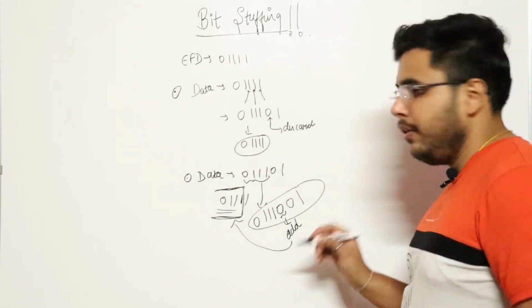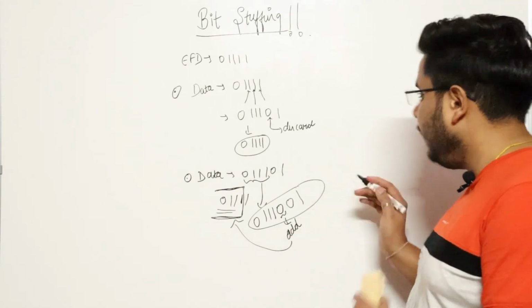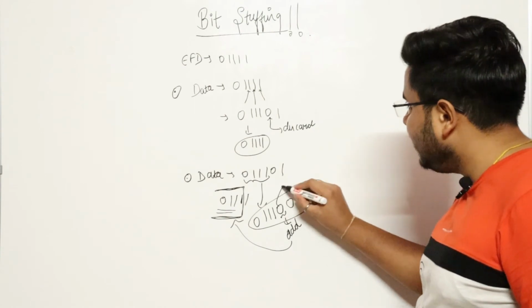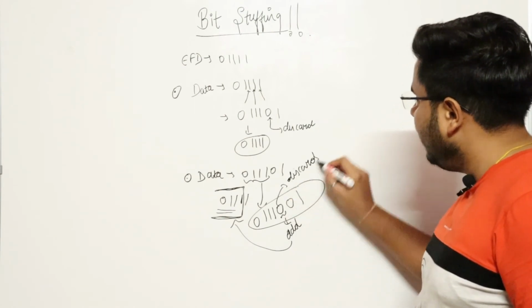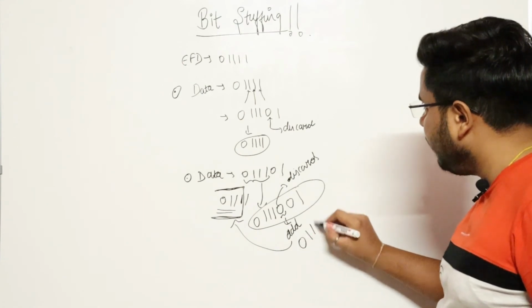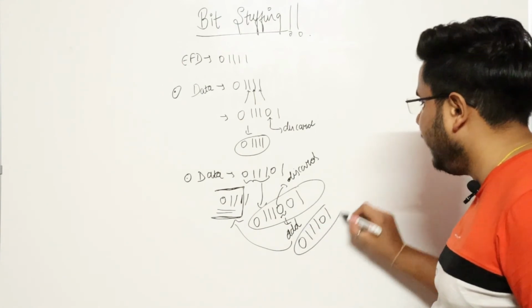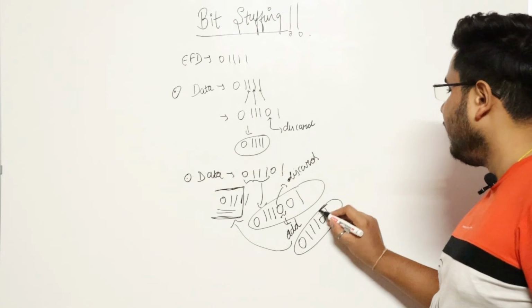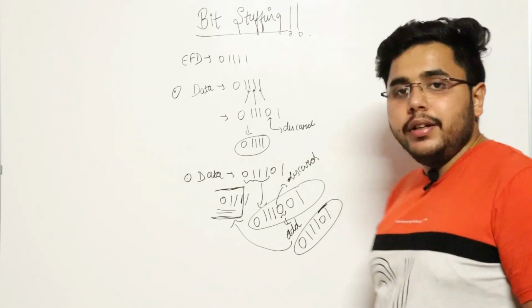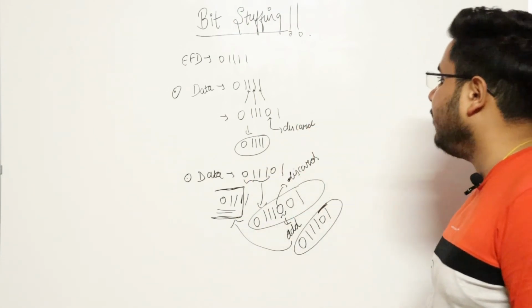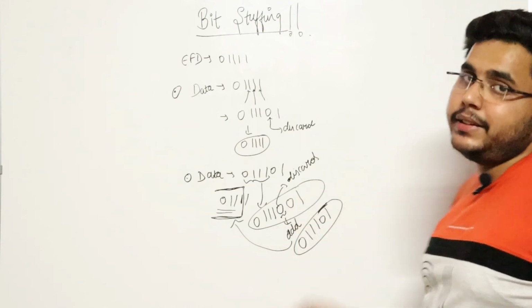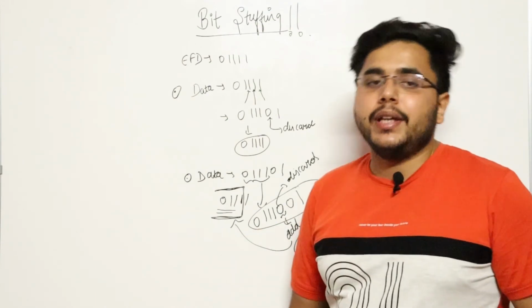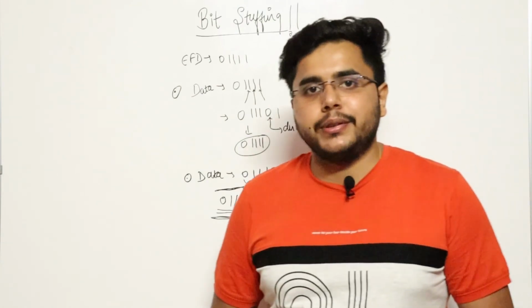In this way, when the receiver reads it, it will discard this 0, and it will take 0 1 1 1 0 1 as your data. So this was the concept of bit stuffing, and as you can see, for the whole pattern we are just adding a single bit. So it is very scalable also.